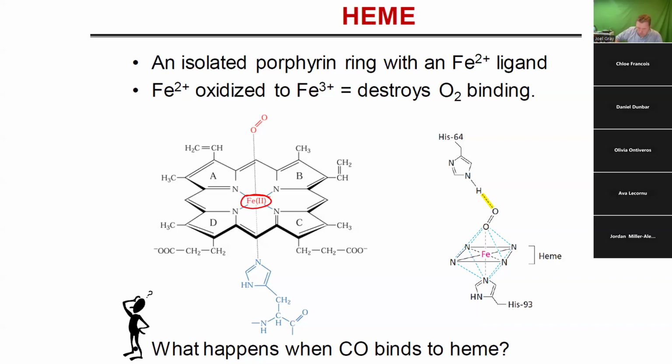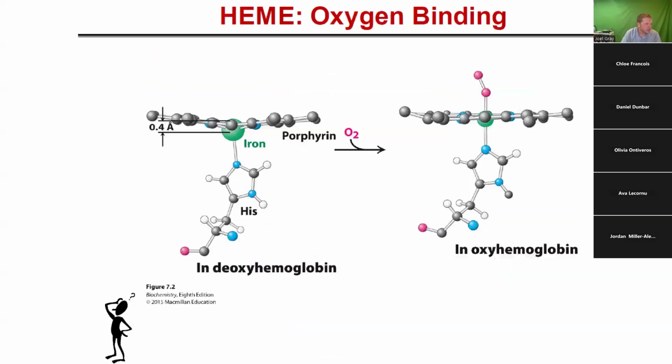So, in the event that you have a low iron content or you have the wrong iron ion, we need Fe2+. If that Fe2+ is oxidized to Fe3+, it's not going to bind to O2. Now, when this happens, here's what I want you to recognize.